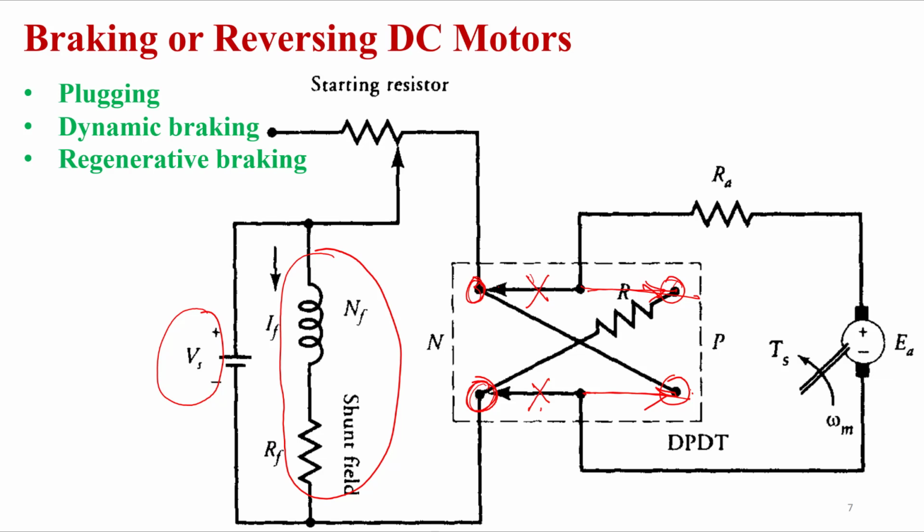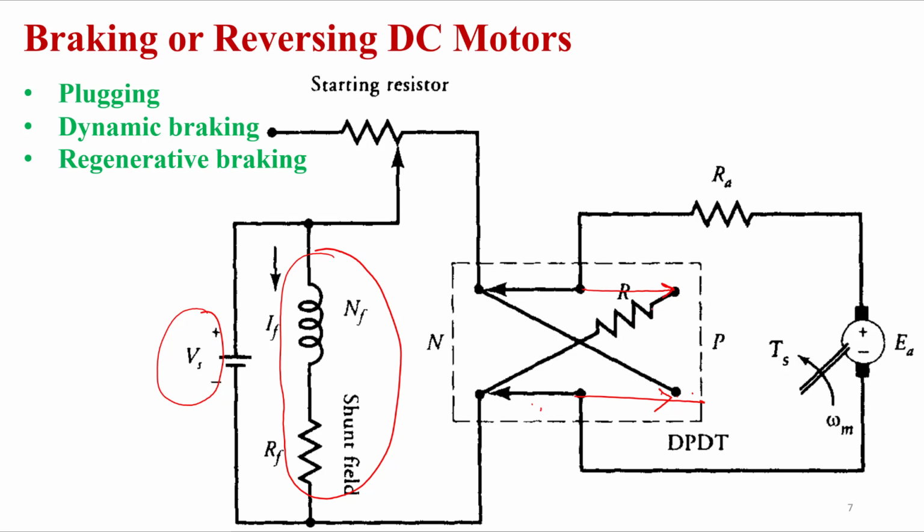Now this is your normal operation when the switch is in this condition. Now if the switch opens from here and is connected to this position, what you observe is that your armature circuit is reversely connected.